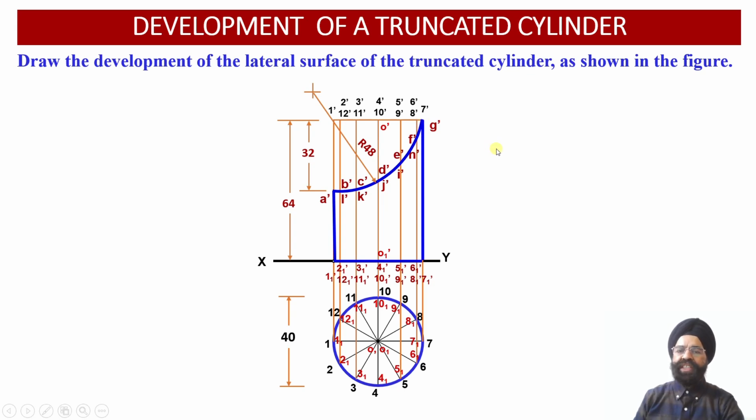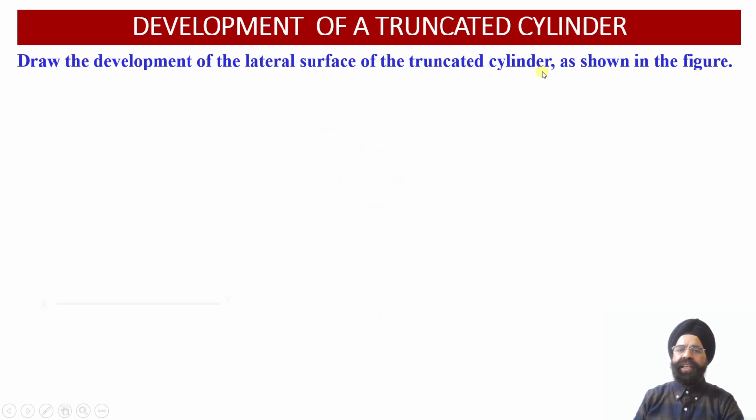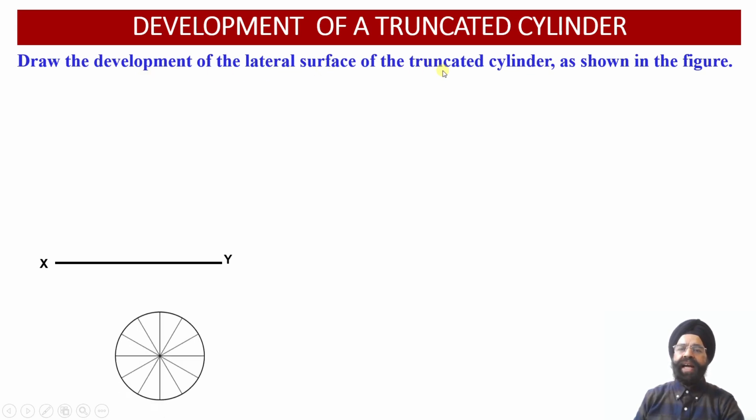Now with this information we are required to obtain the development of the lateral surface of this truncated cylinder. So let us proceed with the construction of the orthographic projections of the cylinder which has been cut by a circular cut section plane.